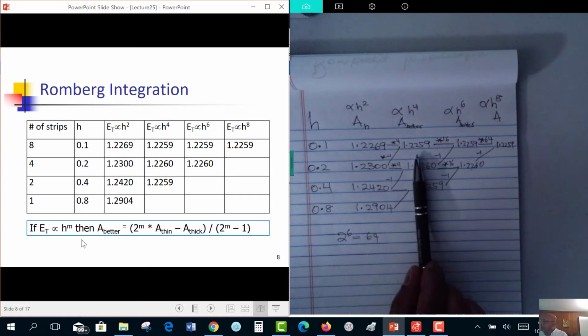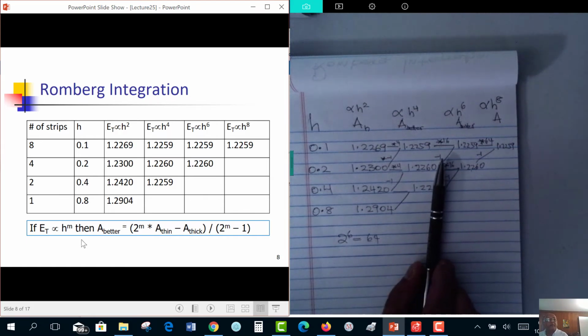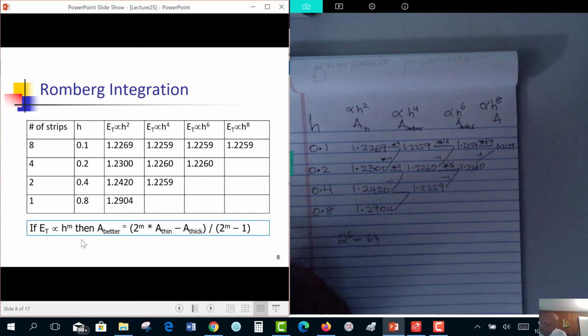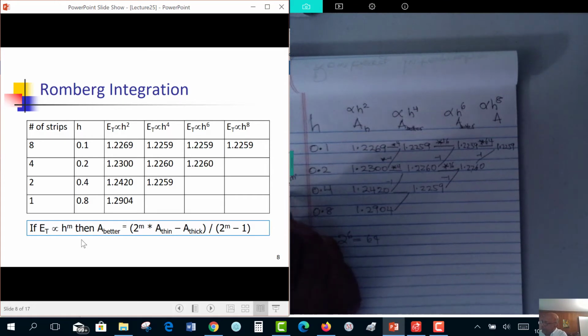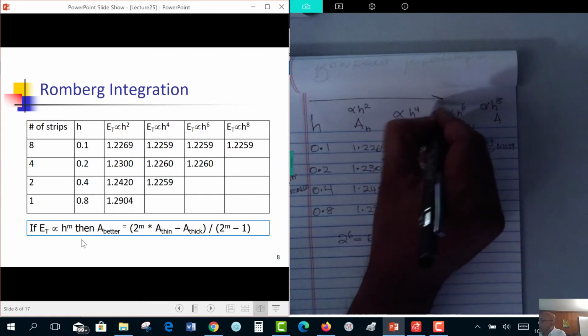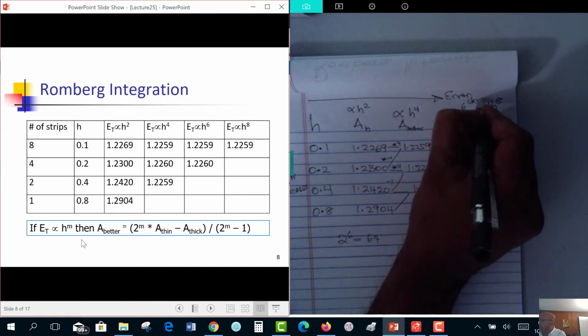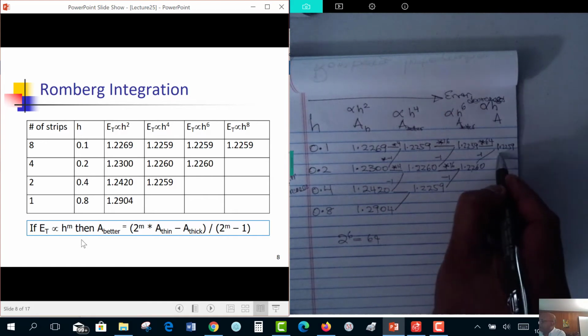So notice, eventually we don't improve any further because we are limited by the number of digits. But this is the best answer. As we go up, our error decreases. And as we go across, our error decreases. So this is our best answer.